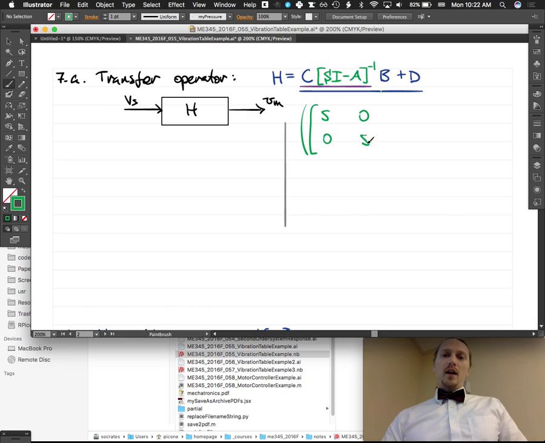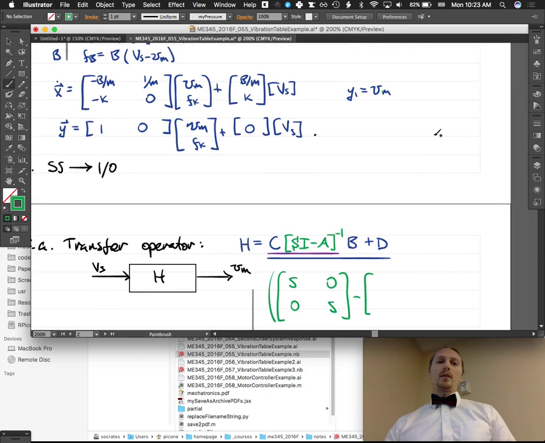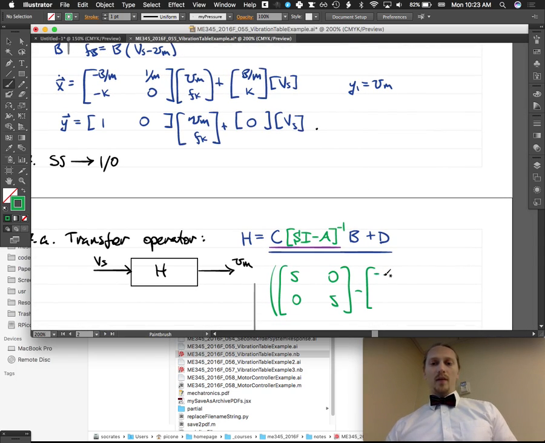And that can be whatever size your A matrix is. So our A matrix is a 2 by 2. If this was a 3 by 3, it would be all zeros except for 3 S's along the diagonal. Minus A, our A matrix that we just wrote up here. So I'll just copy that down: negative B over M, 1 over M, negative K, 0.